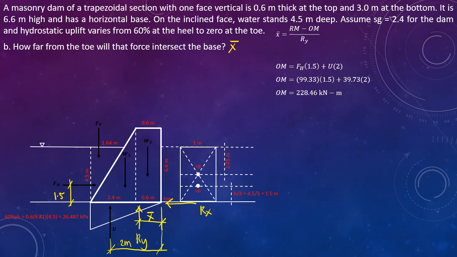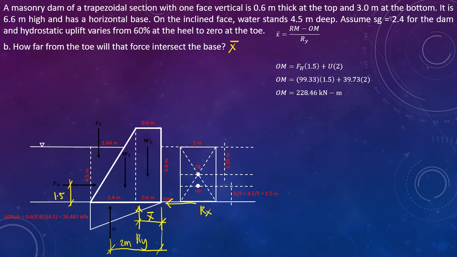How do these forces right the overturning moment? They tend to keep the dam in its place. So these forces that create righting moment are FV, W2, and W1. So we also need to determine the moment arms of these three forces with respect to the toe.